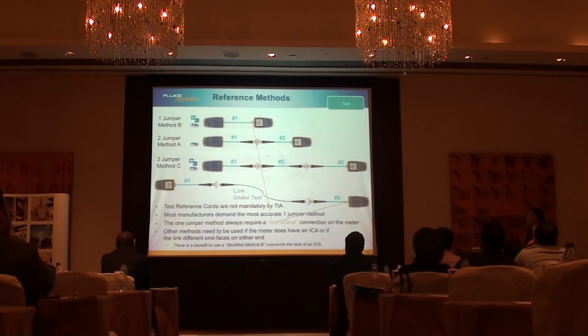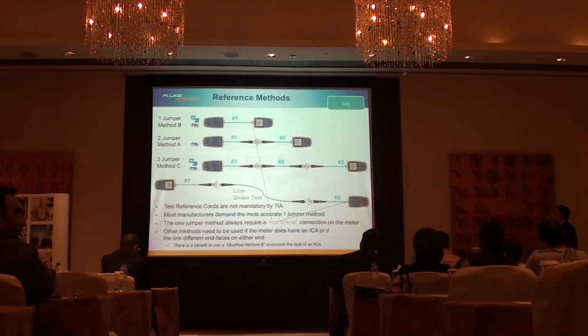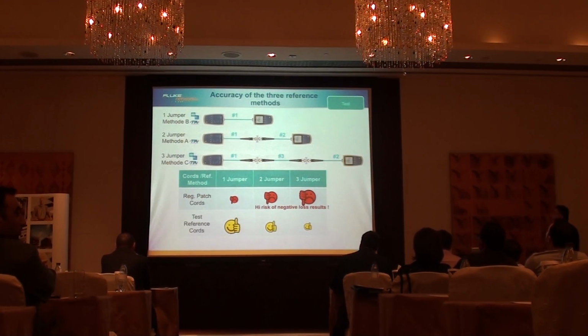So again, this is allowed, and this has the least amount of variability. Now you can see when you use a regular port, your one jumper, remember that 0.3 or 0.6 dB that we had, it will pile up and you will not get realistic results, or uncertainty will go up.